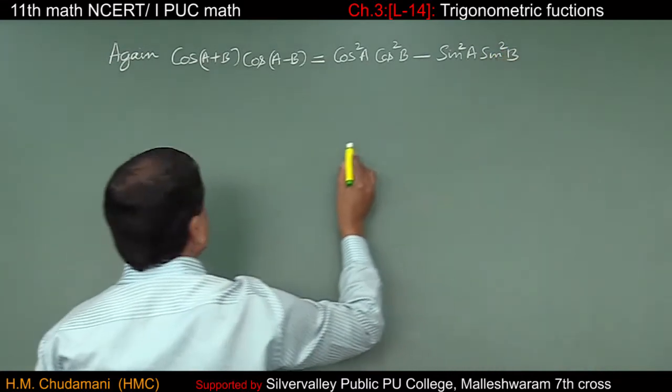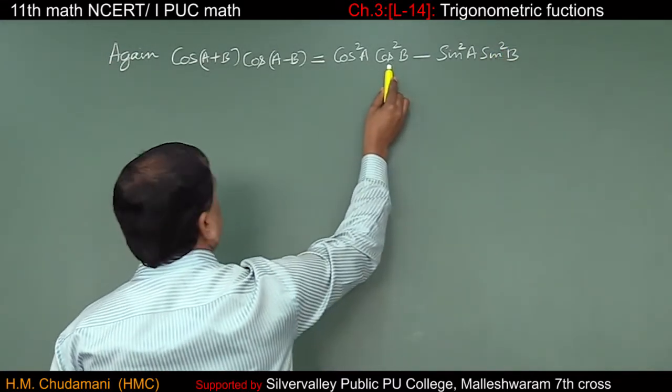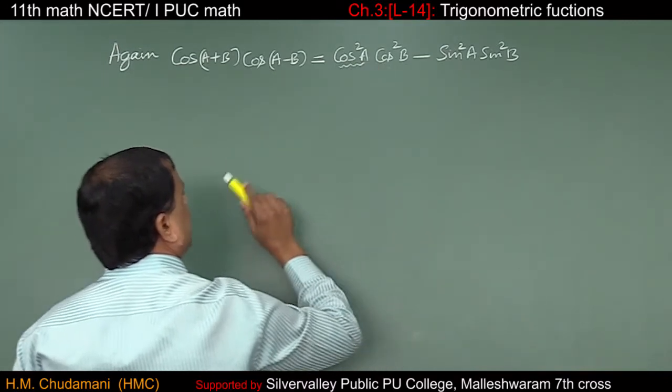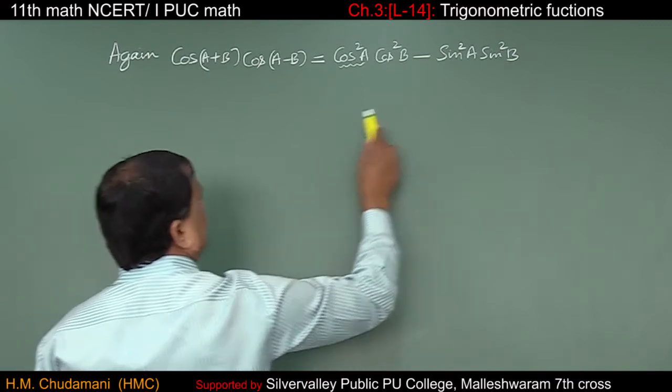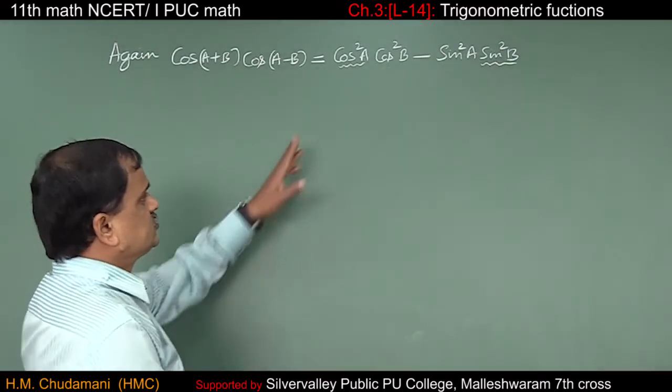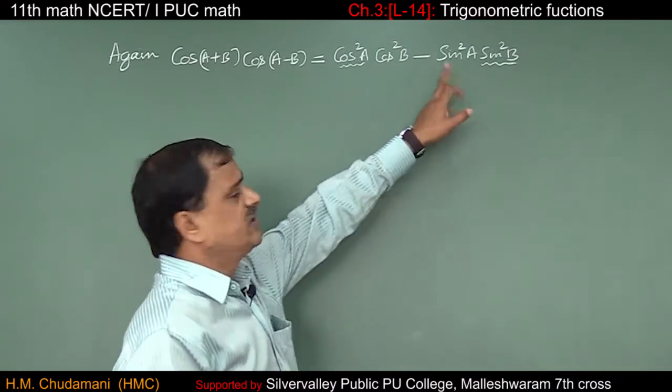We need to prove this as cos square b minus sin square a. That means we don't want cos square a, and the second one, sin square b, we need to eliminate. So we are going to prove cos square b minus sin square a.